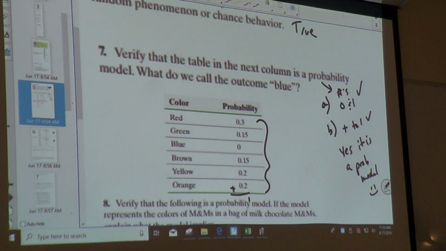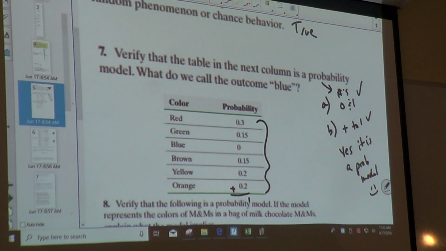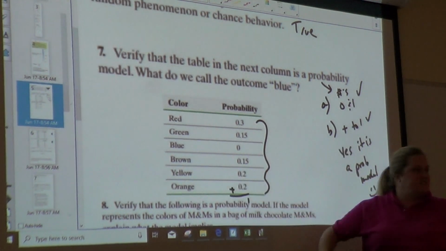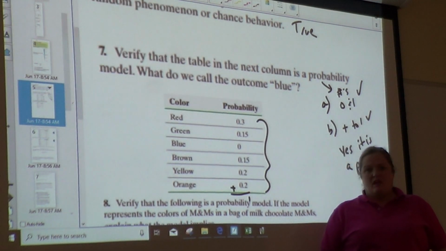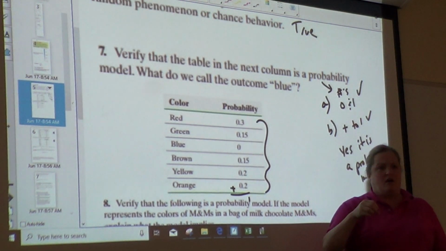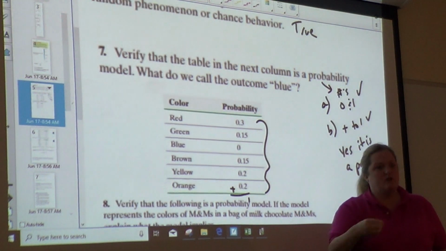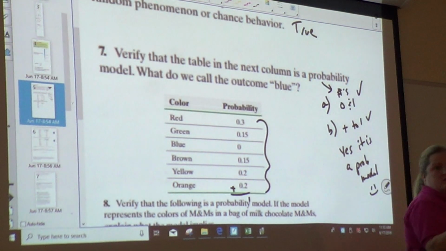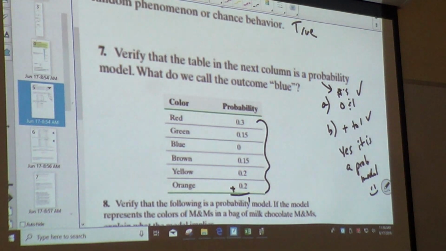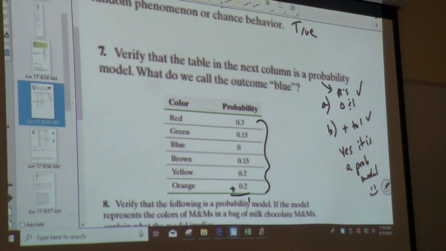Okay. What do we call the outcome blue? Tell me about blue in this problem. Are you ever going to see blue? No matter how many times I reach into that jar and grab a gumball, am I ever going to get a blue gumball?